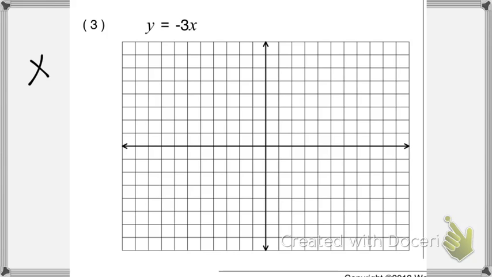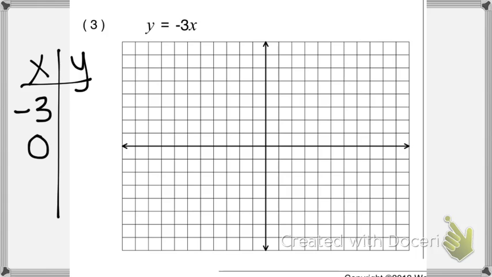All right, again, let's make our table. I'm only going to pick 3 points this time, so how about negative 3, 0, and 2. If I plug in negative 3 for x, I need to know what y needs to be.